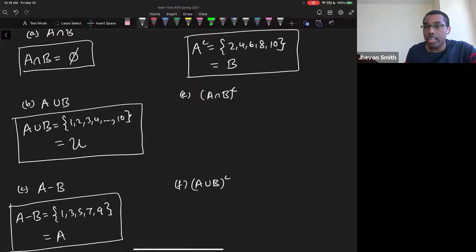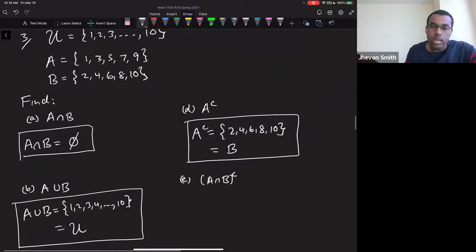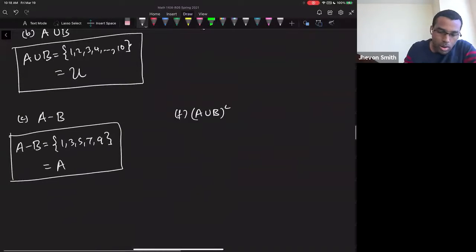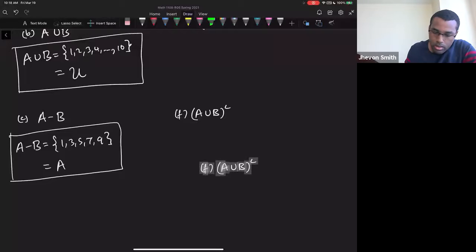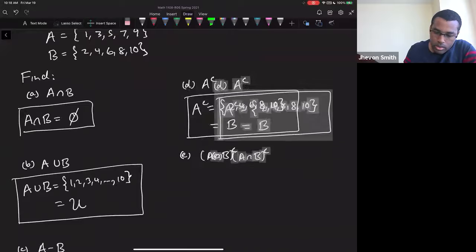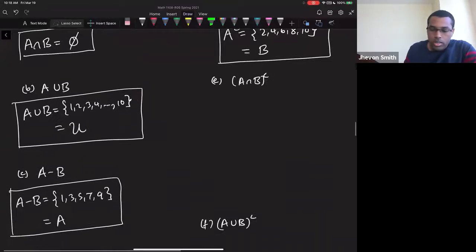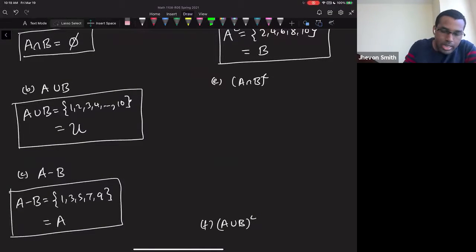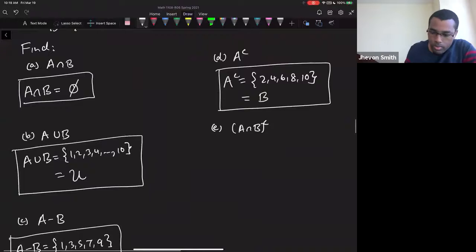What is A intersect B complement? Now, there are a couple ways you can look at this one, and I'll mention both ways. One, you can think of this as the set of all things not in the intersection.